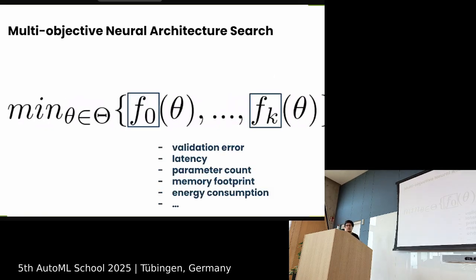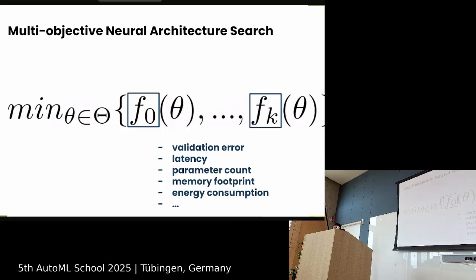Now, we can extend this idea of neural architecture search to multi-objective neural architecture search, where you're not just trying to optimize one objective, like the validation error, as you saw on the previous slide, but multiple ones, right? We want to find an architecture that performs very well on our validation set, but also achieves, for example, a low latency, maybe on an embedded system, or has a specific parameter count, memory footprint, or, which also becomes more relevant, energy consumption.